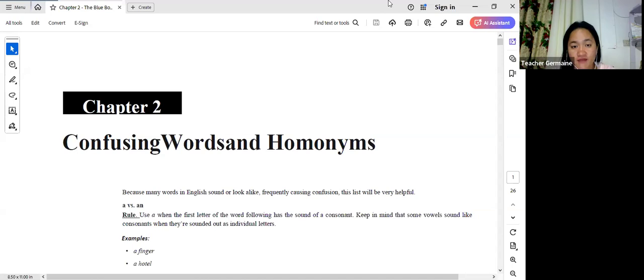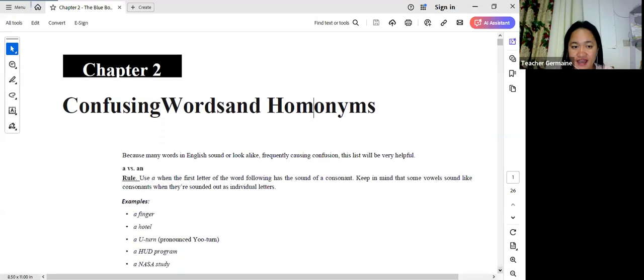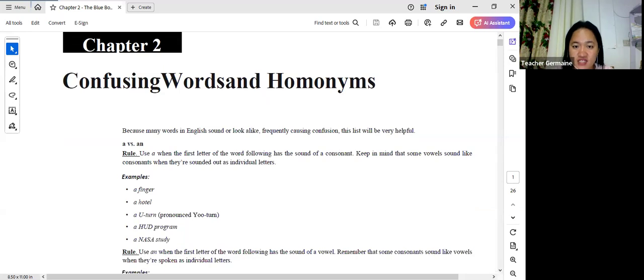Again, homonyms are each of two words having the same spelling, or the same pronunciation, the way you read it, but different meaning or different origin. Chapter 2 is about confusing words and homonyms, because many words in English sound or look alike, frequently causing confusion. This chapter will be very helpful to all of you.